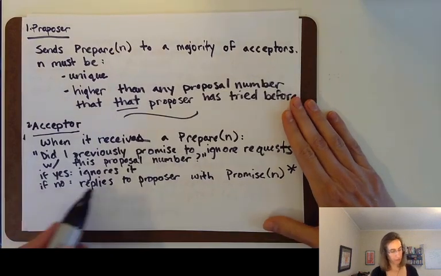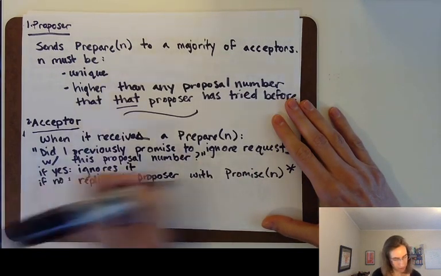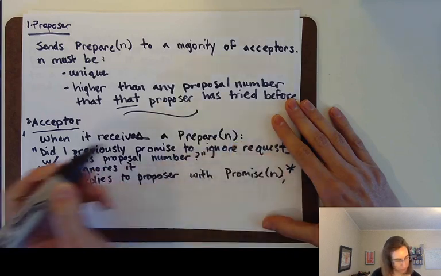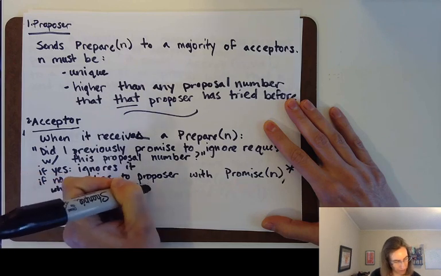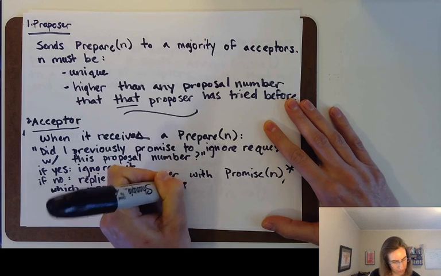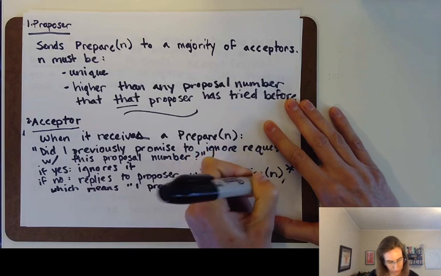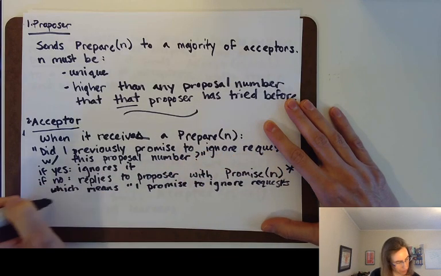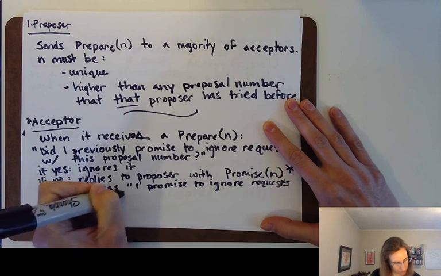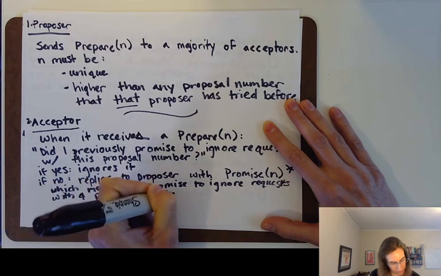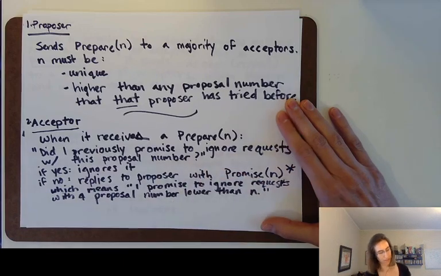So when the acceptor replies to the proposer with promise N, what that means is: I promise to ignore requests with a proposal number lower than n. That's what promise n means.